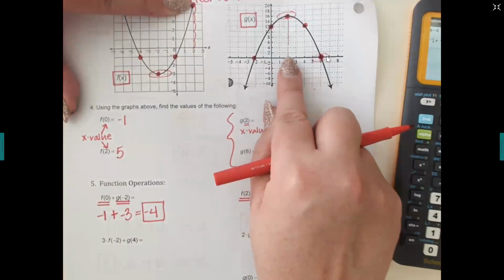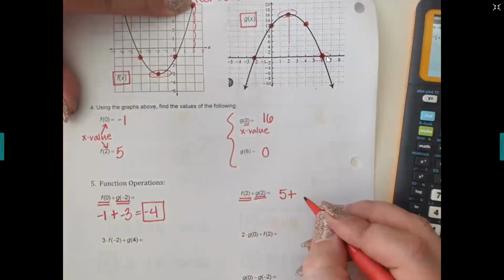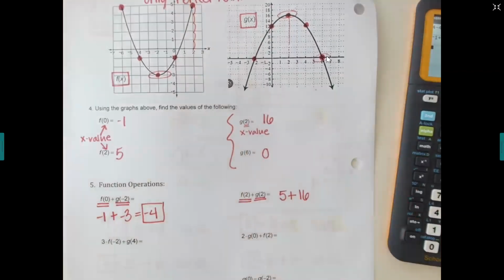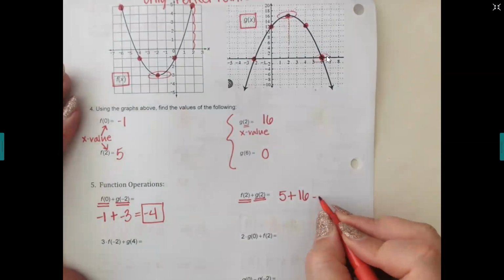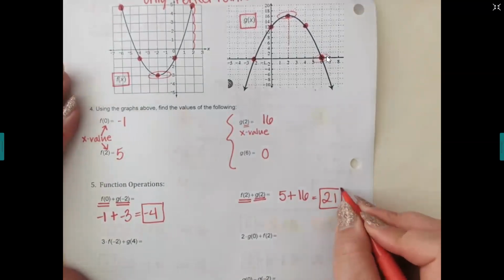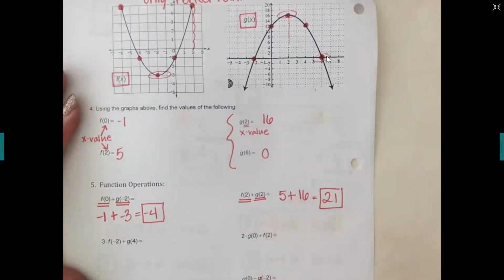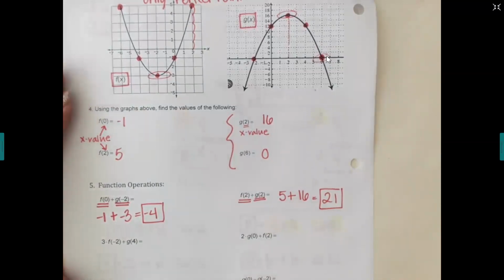Go to 2, how many up? 16. And then once you know those two numbers, if it's a plus in the middle, you're going to add them in the calculator. So you're going to do 5 plus 16, how many? 21, very good, that's perfect. So once you get it to here, you can use the calculator to add those up.